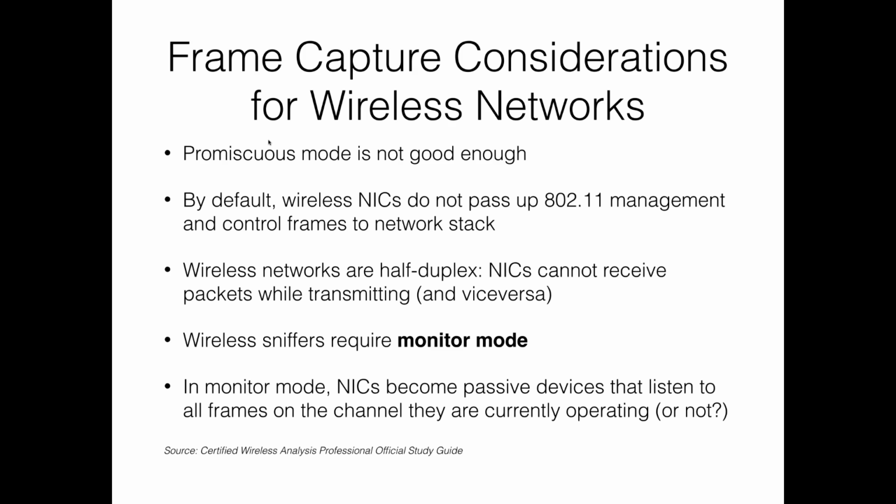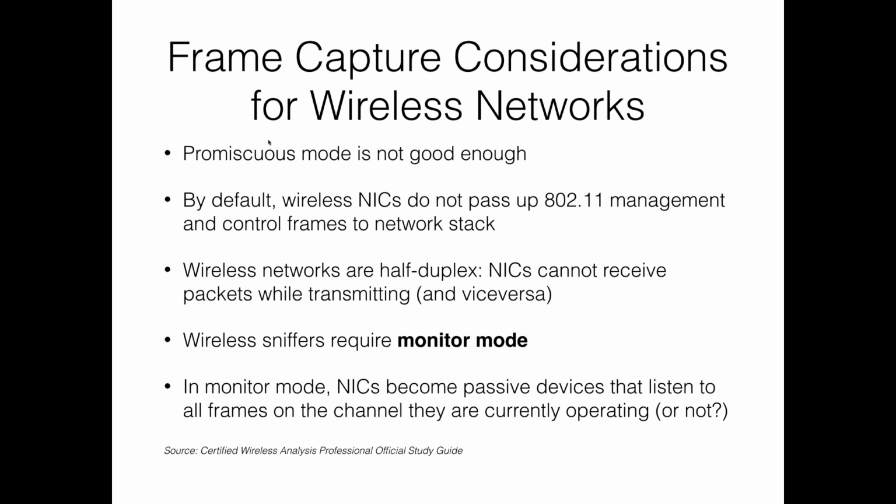So when we are going to do captures for wireless networks, promiscuous mode, as is usually required for wired networks, is not good enough. Because by default, the wireless NICs do not pass any management and control frames up to the network stack.